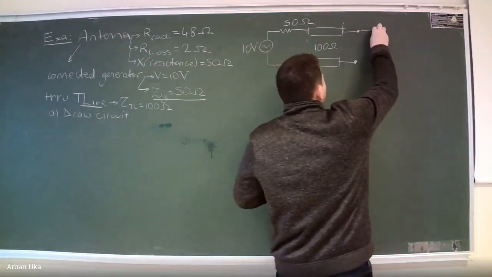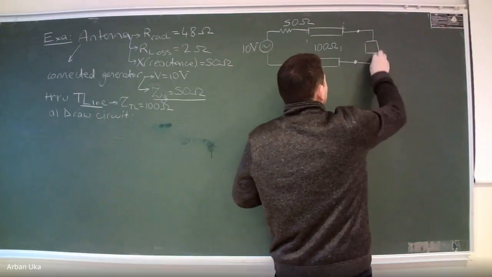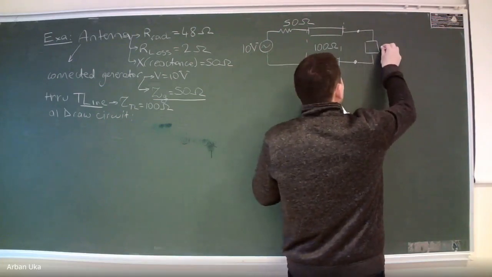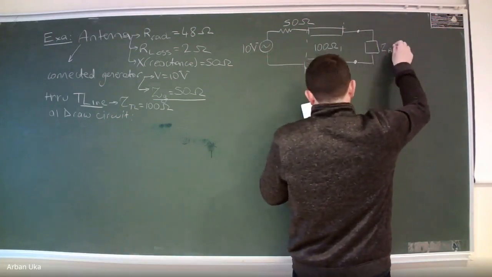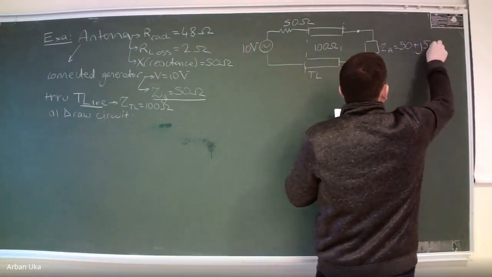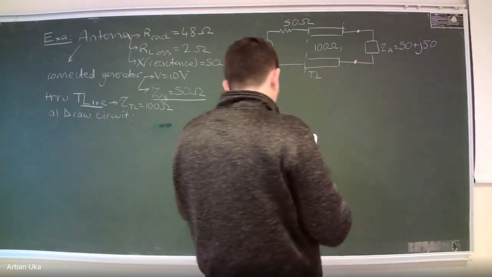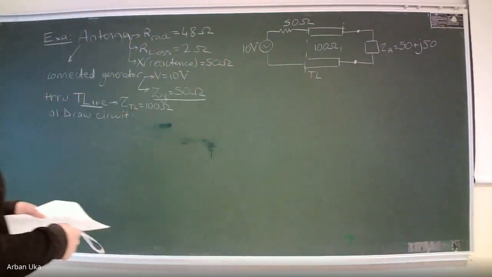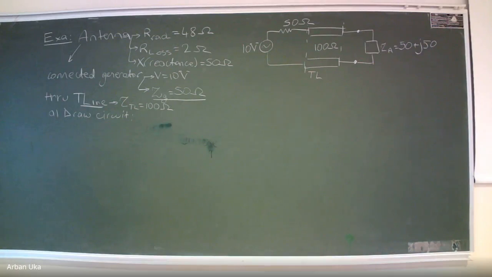And this antenna, we can denote here that the impedance of the antenna is equal to 50 plus j50, because we said that the reactance of the antenna was equal to 50. Now this is the equivalent circuit that we can draw here.